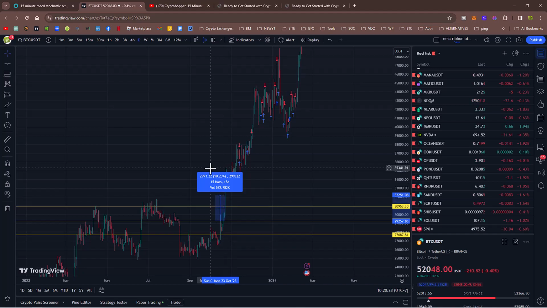However, if it had not done a DCA, if you'd have just bought $100 at the original place, let's say here, and it went up to that same point where you sold, which is 32,251. Let's have a look. Let's measure this up.